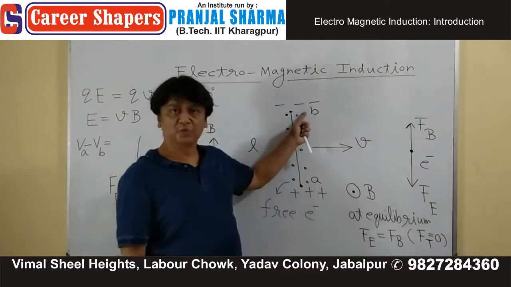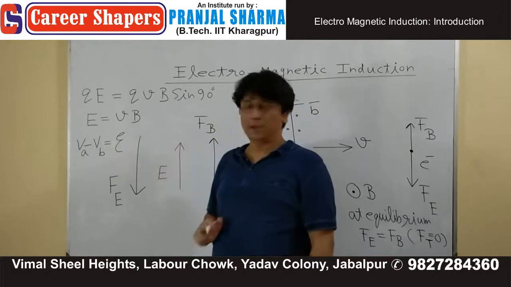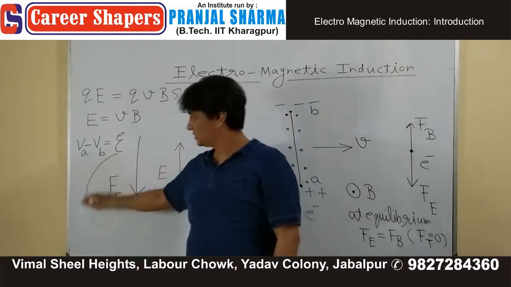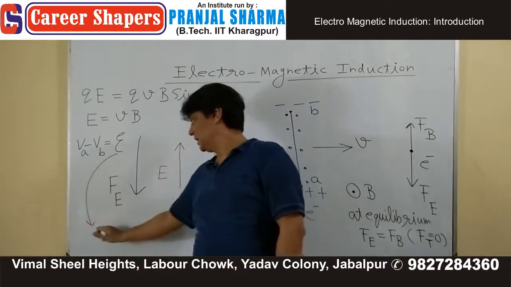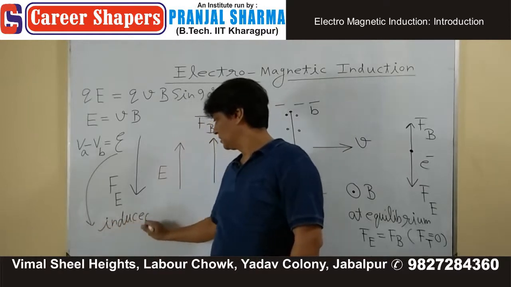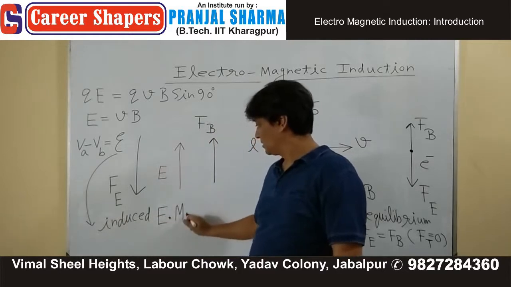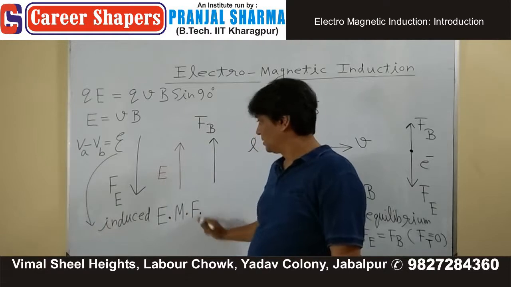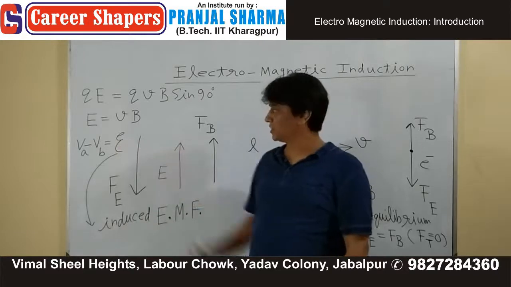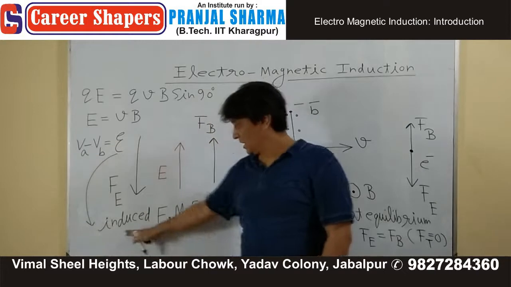This VA minus VB will be called E. This is induced EMF. Just to differentiate this from this E, we have shown it like this. So this VA minus VB is E. What is this? Induced EMF.